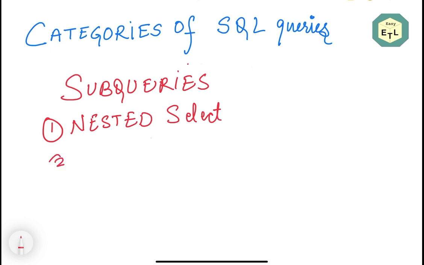And the second type is exists, right? These are subqueries that check for the existence of records or values in another query. A very common example is create table if not exists.